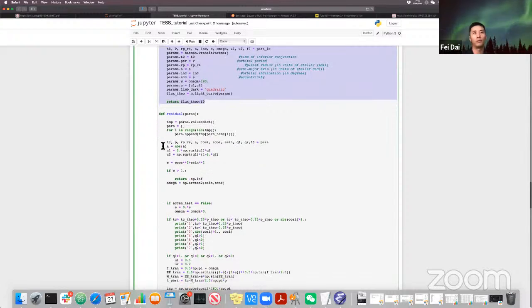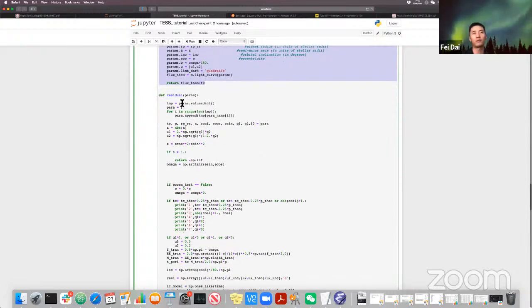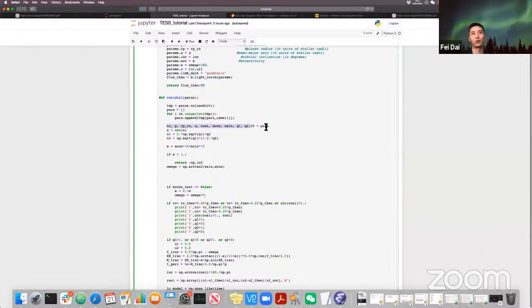All right, moving on to the so-called residual function. The residual function computes how different your model is compared to the actual observation. The input of this function is the different parameters I just introduced earlier. What the code is doing is trying out different combinations of the parameters for the planet motion, computing the resultant light curve, and comparing that resultant light curve to the actual observation.